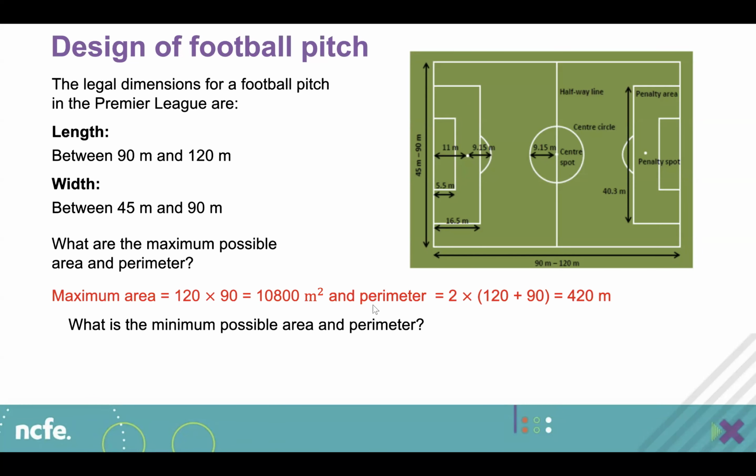What is the minimum possible area and perimeter?